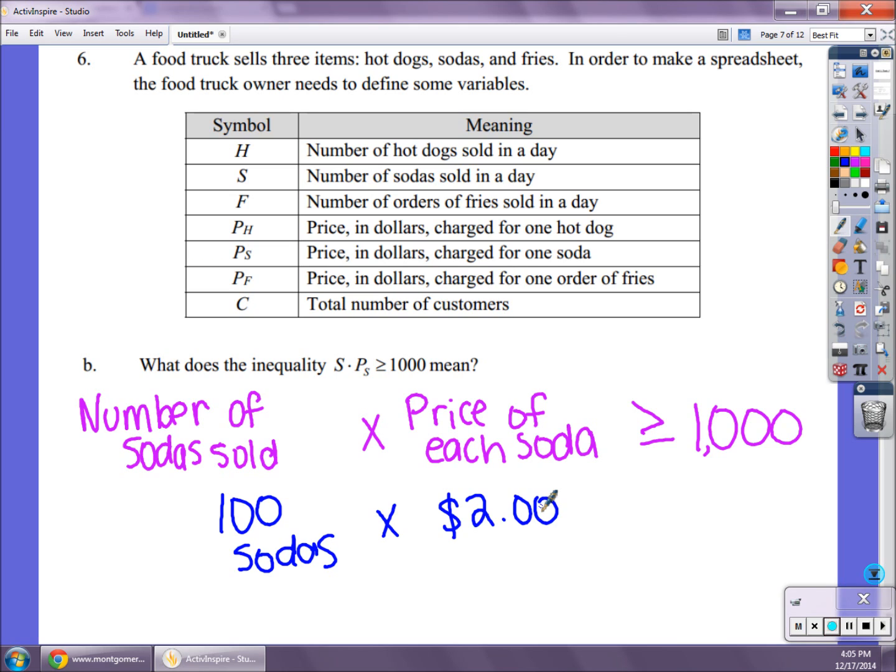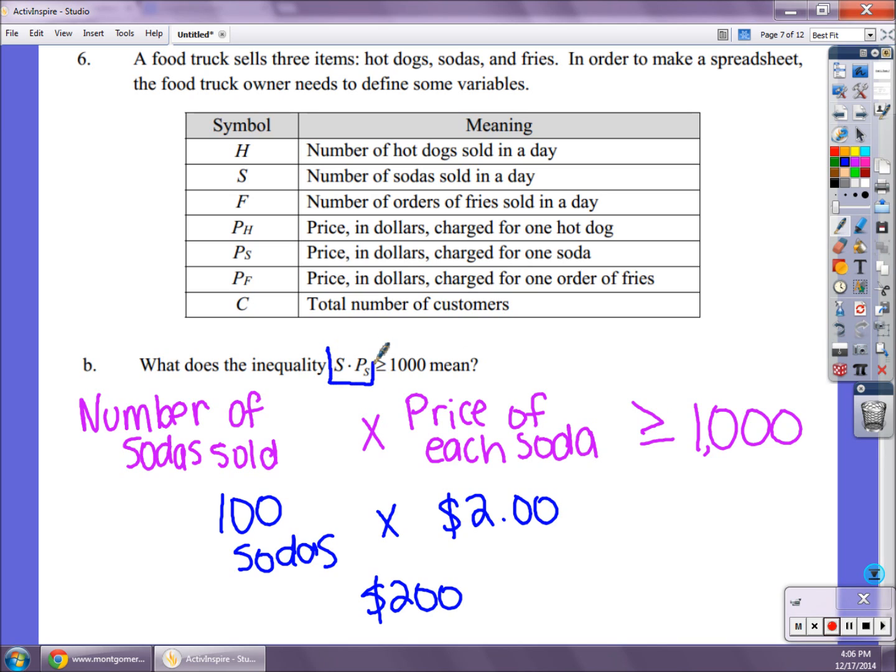What value have I got here? I end up with 100 times $2 for a total of $200, which is going to represent the total price for 100 sodas. So that's really what we have on the left side of our inequality.